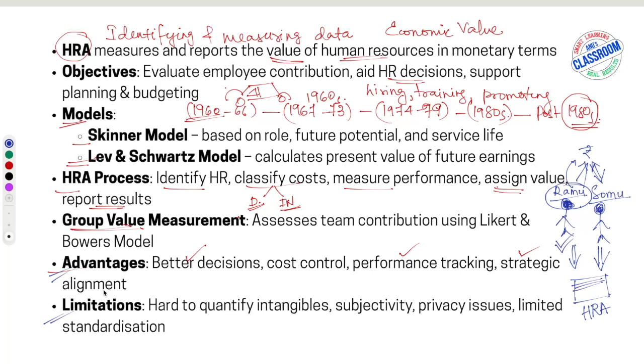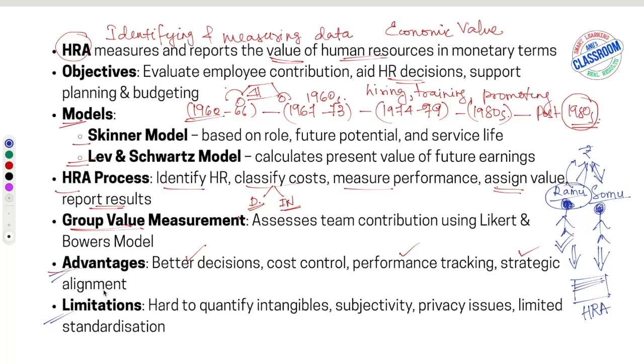That's why this whole concept of HRA makes us wonder whether we are going back to the concept of humans being just another piece of resource like machines or land, right? It feels like that. So, yeah. And also, these HRA methods are not quite standardized as of now.